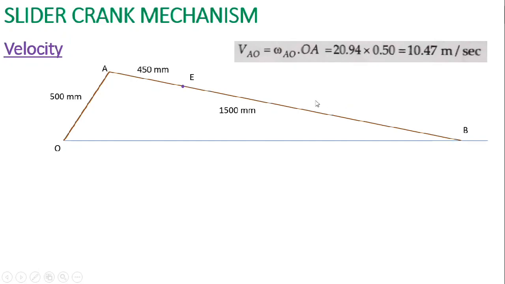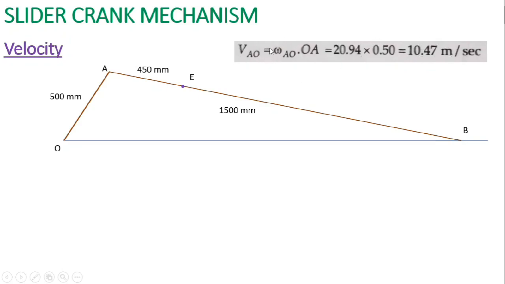Here we first need to calculate the velocity of crank AO, using omega AO into the link length AO. Here we have converted mm into meter for simplification. So it becomes 20.94 into 0.5 meters, since AO is 500 mm, which is equal to 0.5 meter. That comes to 10.47 meters per second.